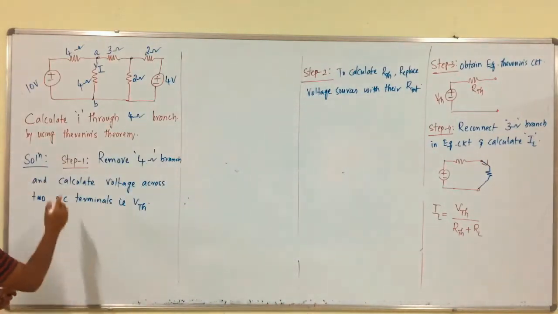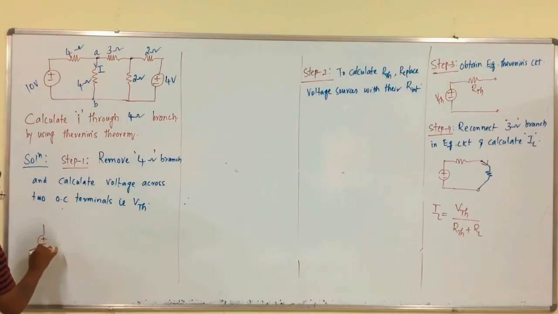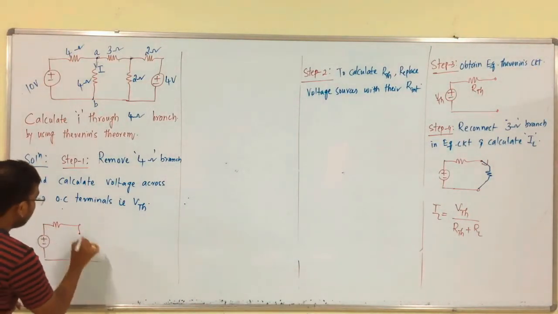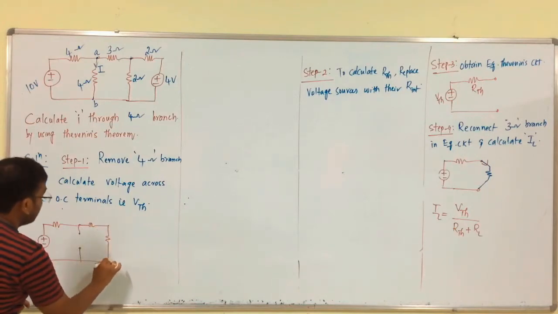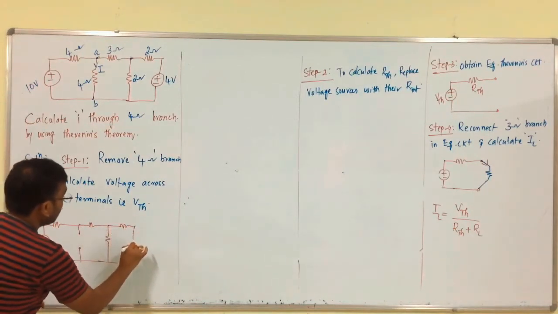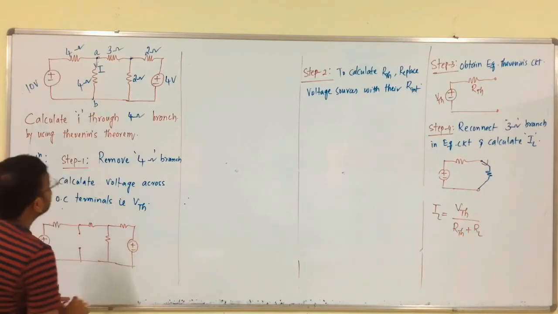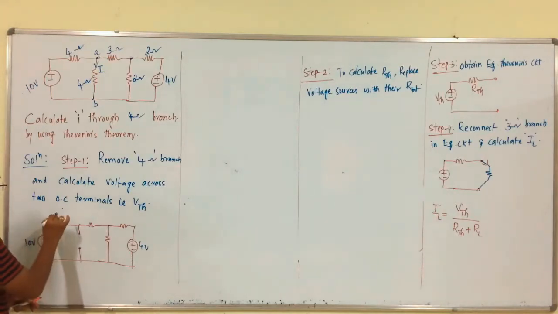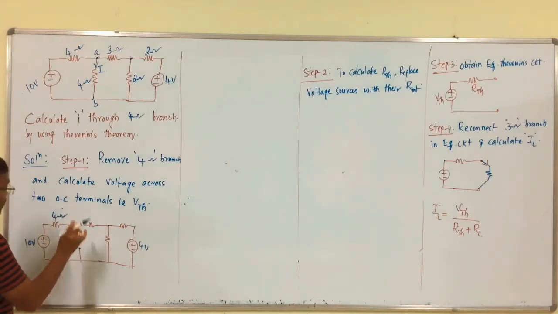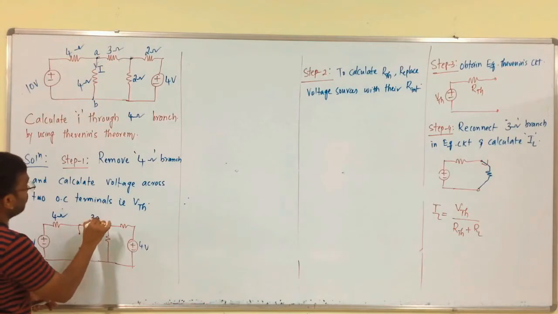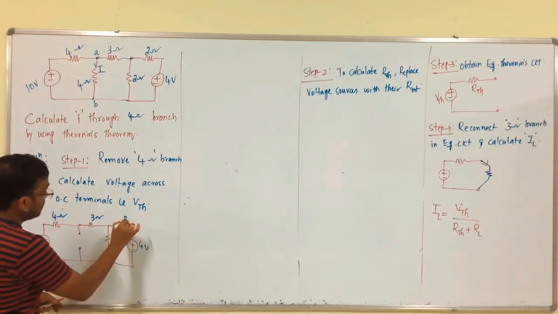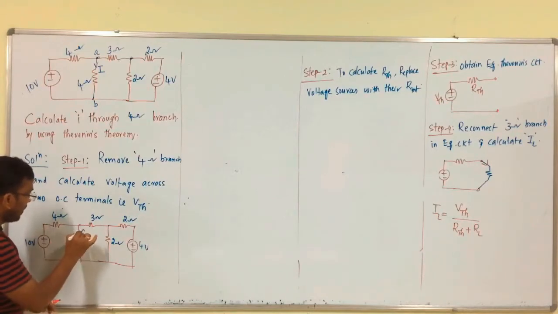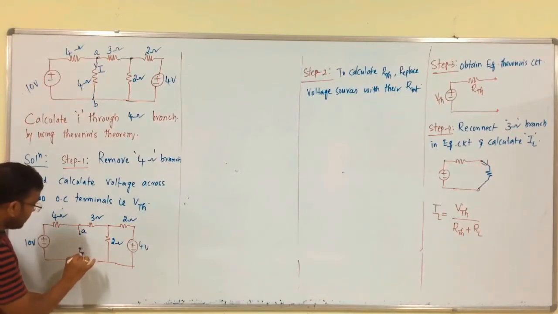The 4 ohm branch is open circuited; the circuit has 3 ohm, 2 ohm and 2 ohm resistors, a 4 volt source and a 10 volt source. For example, this is A and this is B.